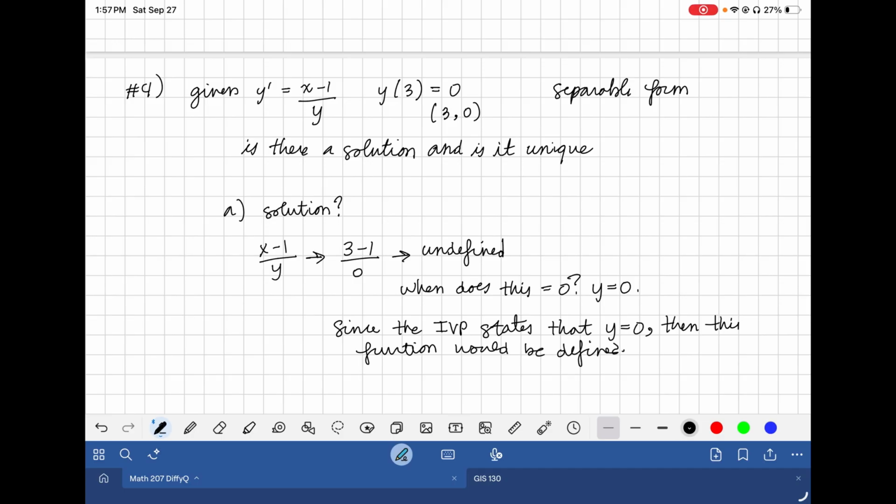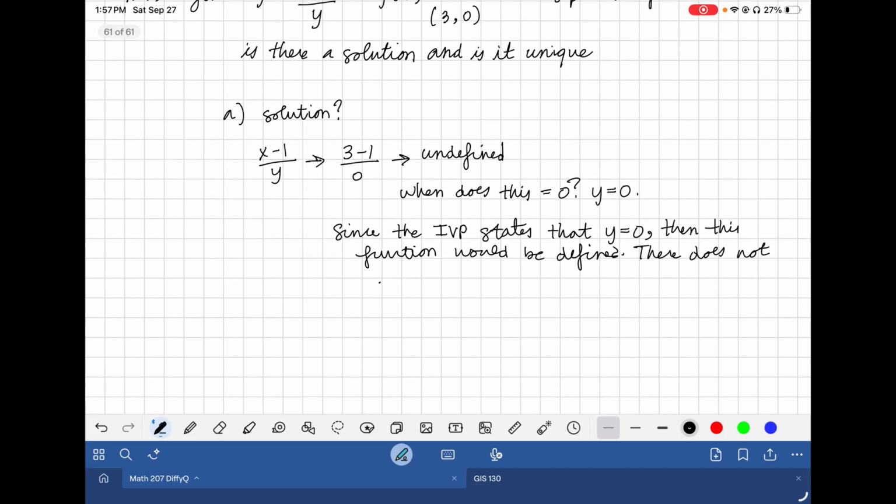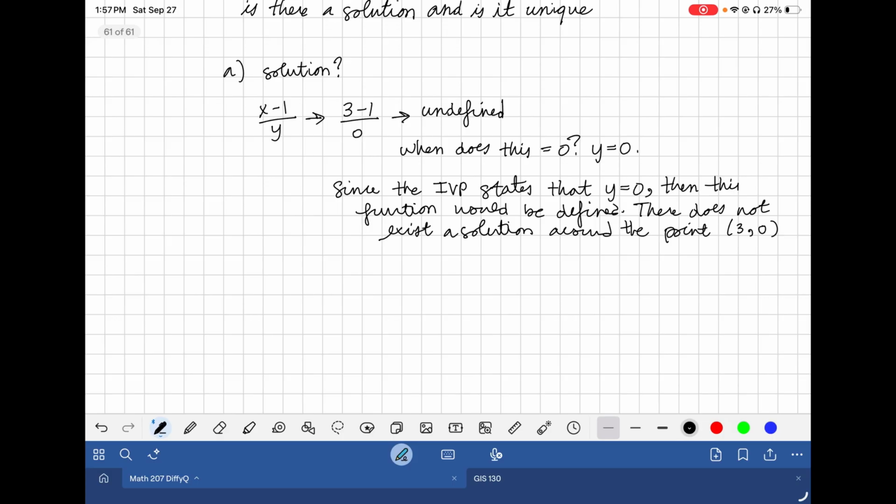And so if it's undefined, then that means that there does not exist a solution around the points of the ones we were given, which is 3, 0. So yeah, there does not exist a solution.